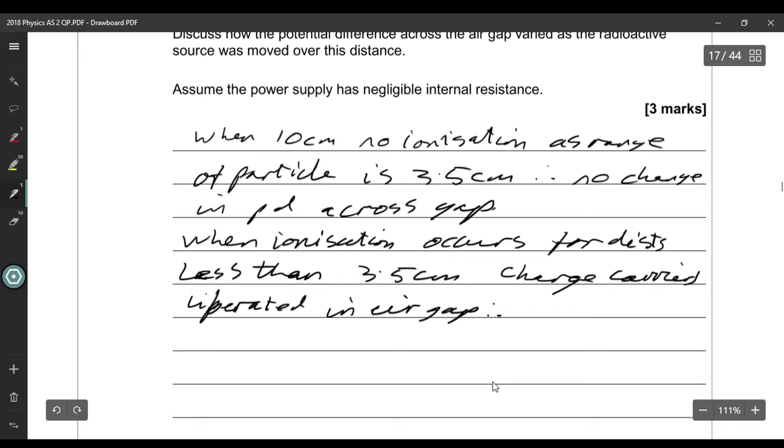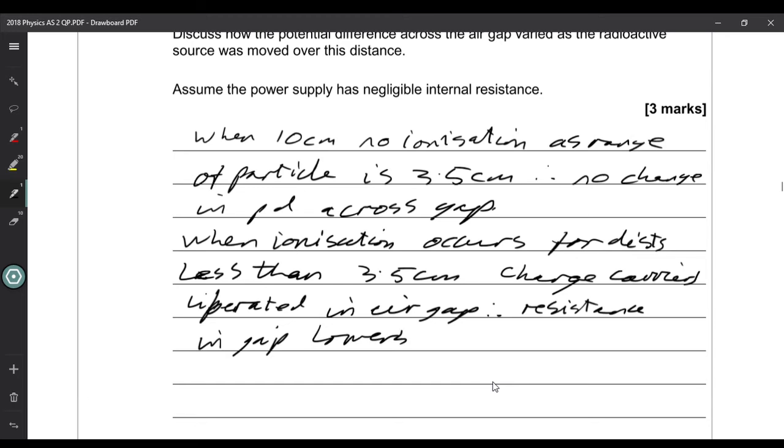Therefore, the resistance lowers because there are more charge carriers there, and that allows current to flow.